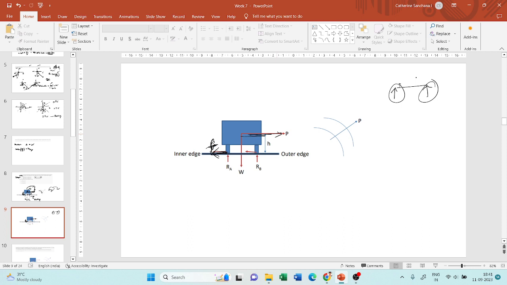You balance the vertical forces, you balance the horizontal forces, you balance the overturning forces. So for any body to be in equilibrium, the forces have to be balanced. The basic laws that you apply are: sum of vertical forces is 0, sum of horizontal forces is 0, and sum of moments about a point is 0. If these three are satisfied, then the vehicle will be in equilibrium, which means the vehicle will not undergo skidding or overturning.